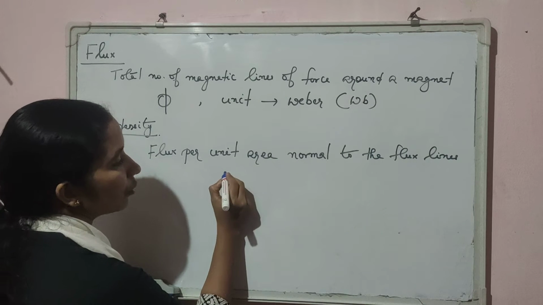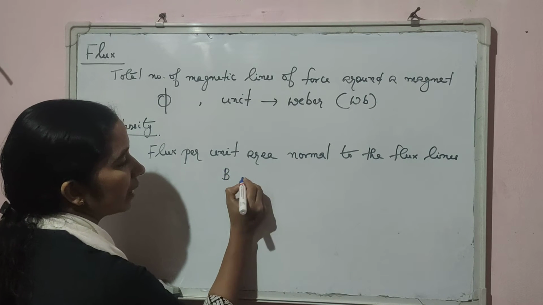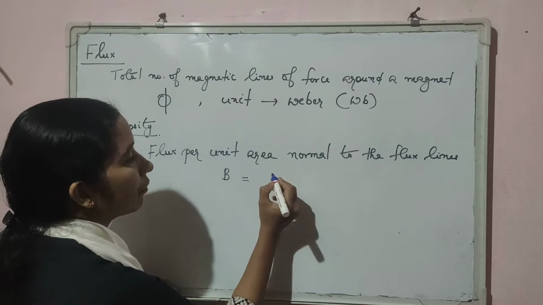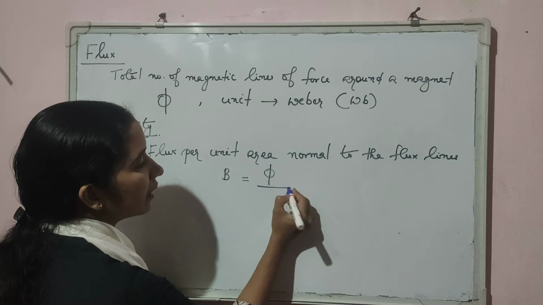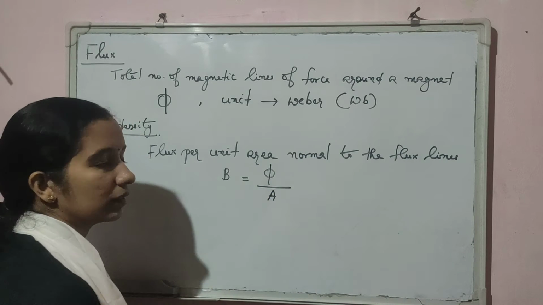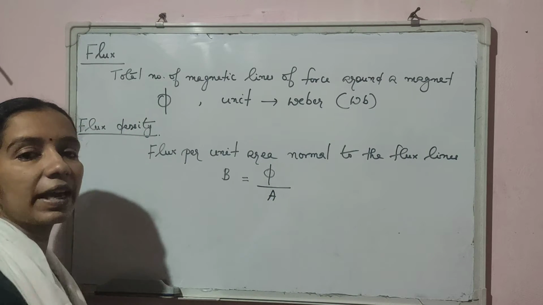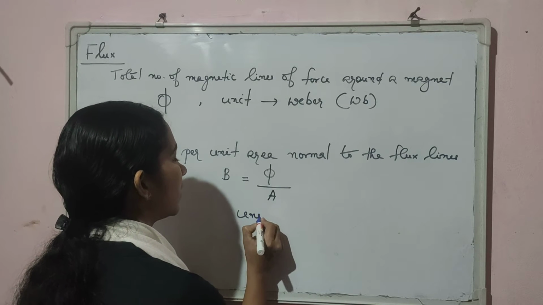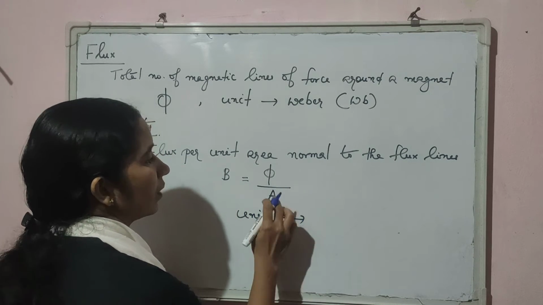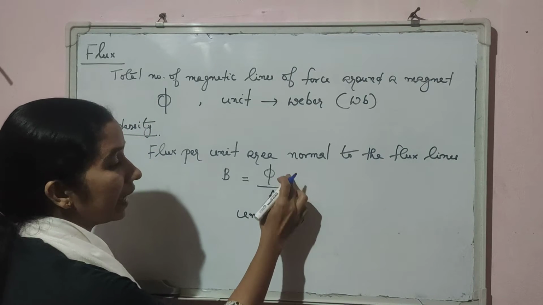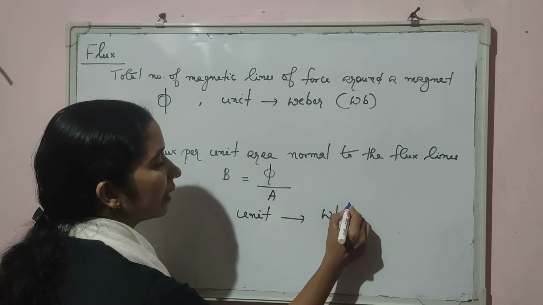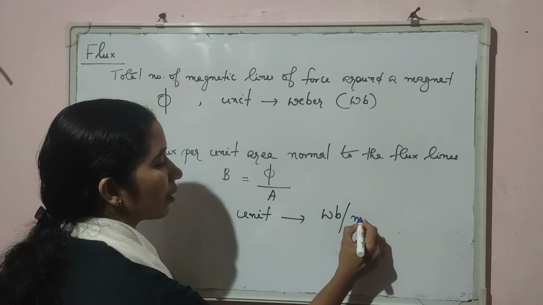Flux density is denoted by capital letter B, and it is equal to flux divided by area. B equals phi divided by A, where A is the area. Now unit of flux density is phi divided by A. Unit of phi is Weber, and that of area is meter square.